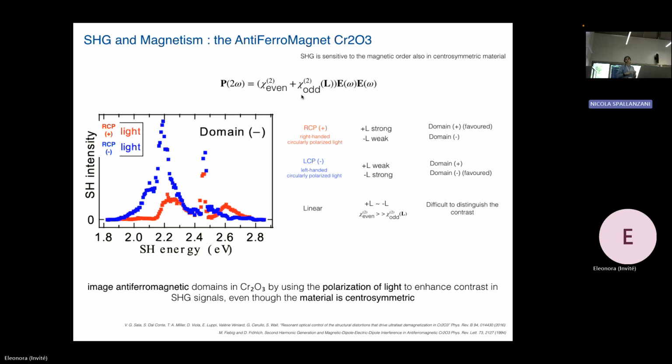So you can measure the second-order generation for a system that is centrosymmetric because of magnetism. So if you take the challenge to calculate this, the susceptibility that you calculate has to contain not only the electronic structure information like before, but also the information from the magnetism.